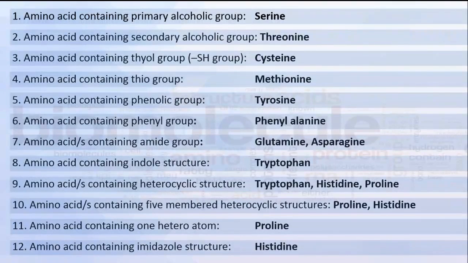Proline and histidine have 5-membered heterocyclic structures: proline having 1 heteroatom, histidine having an imidazole structure.